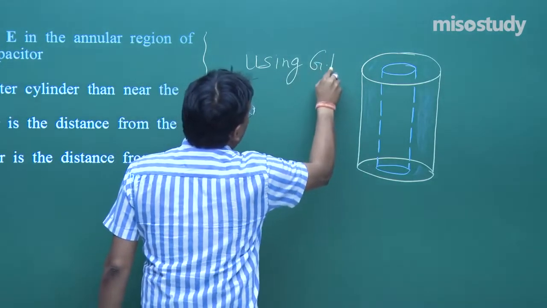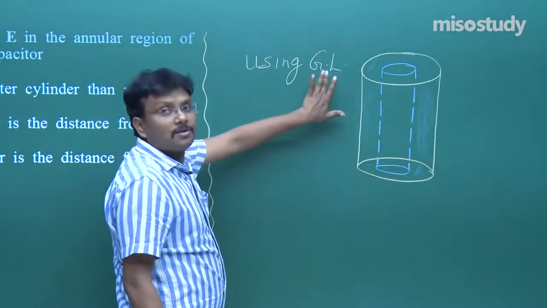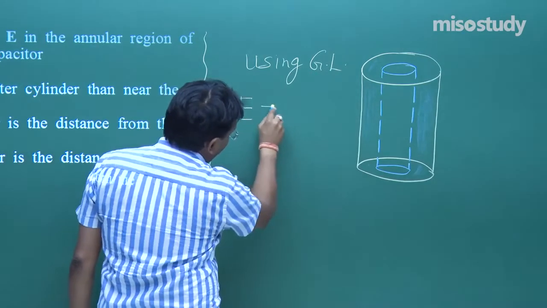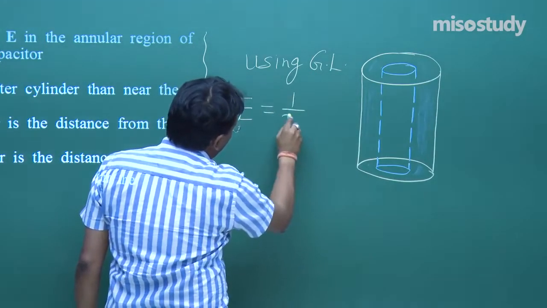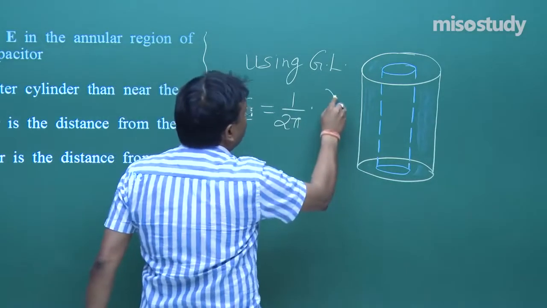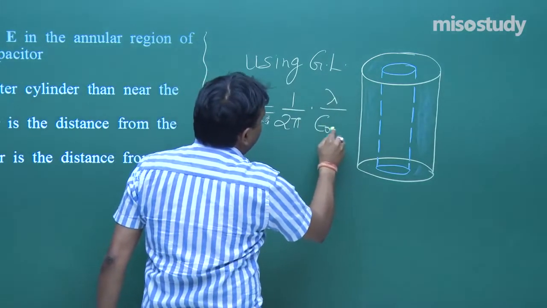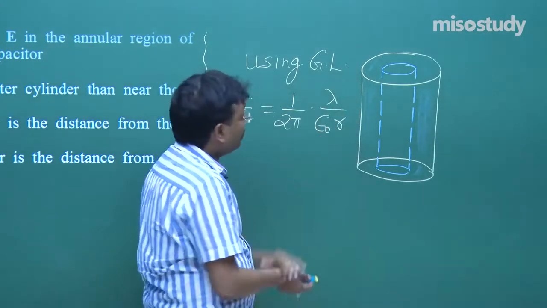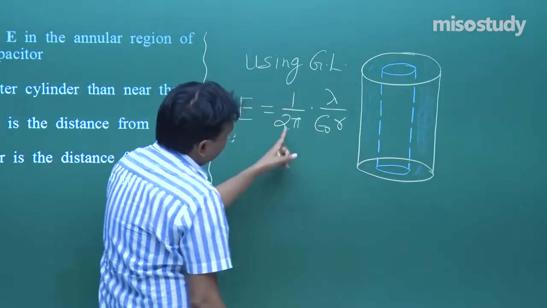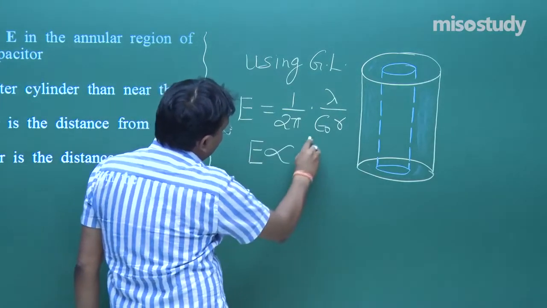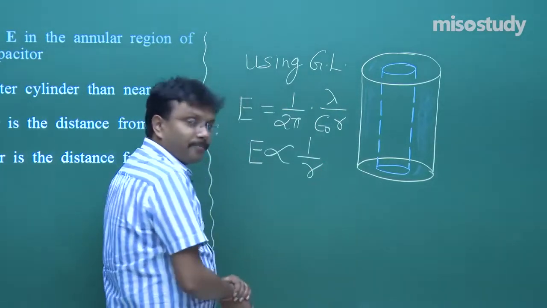Using Gauss's law, E is equal to 1 upon 2 pi into lambda upon epsilon naught r. R is the radius of this zone. So what is the direct result you are getting? E is directly proportional to 1 upon r.